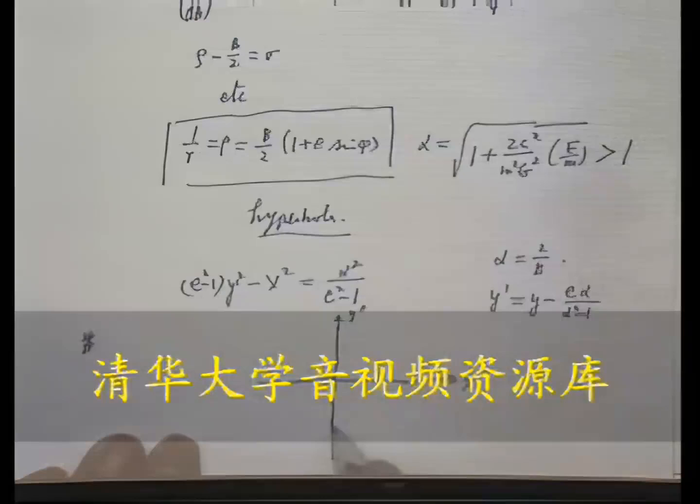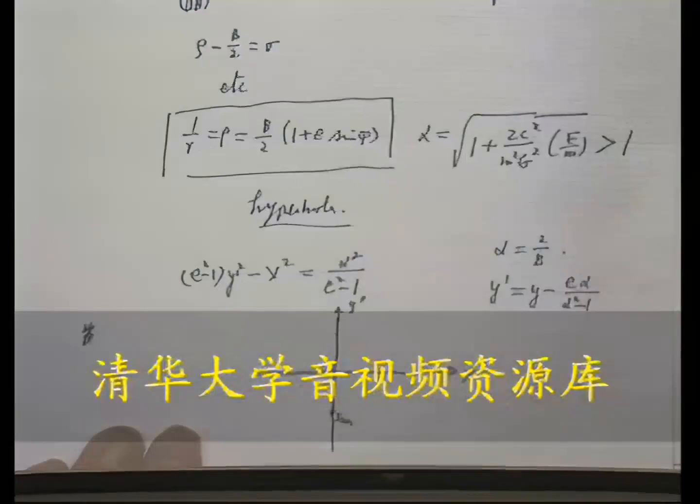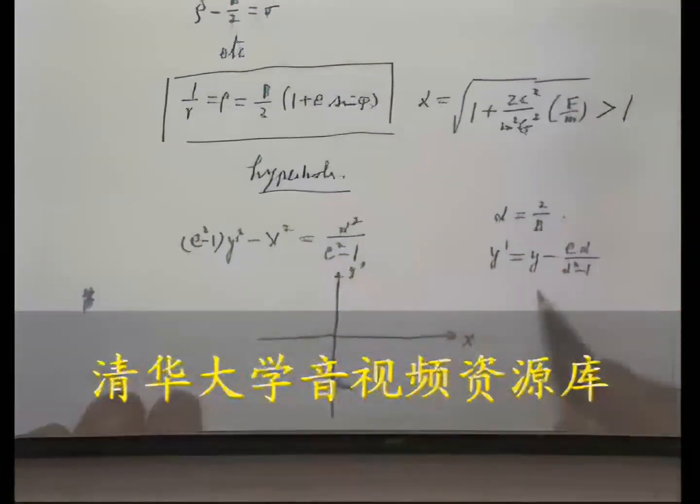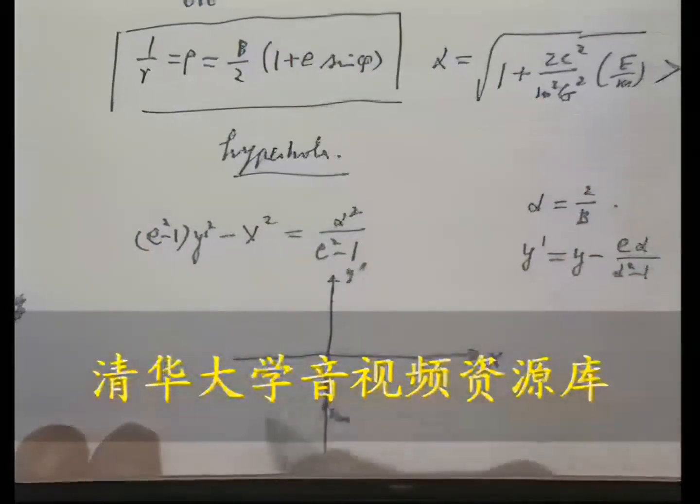The original coordinate is here. This is the sun. The sun is at x equal to 0, y equal to 0. The sun is at r equal to 0. That means x equal to 0, y equal to 0. But we have shifted the coordinate by this. And the curves look like this.